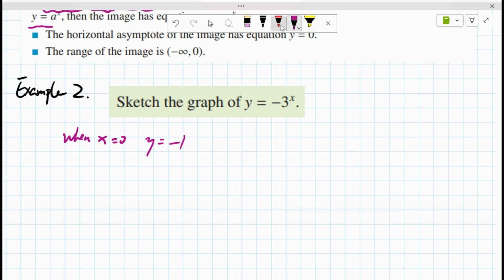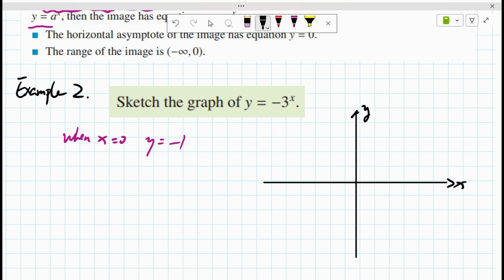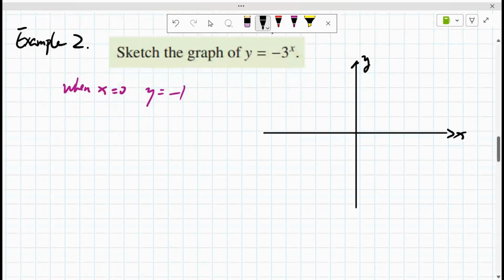So we know the horizontal asymptote is still y equals 0. Let's try with x and y. When x equals 2, y equals negative 9.